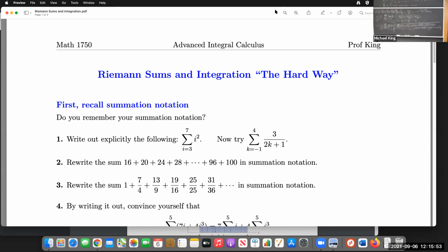Now, when I see something like this, it feels like you can rearrange the terms. There's all these terms that have 7 times, 7 times, 7 times, right? So that's the same thing as 7 times 1 plus 7 times 2 plus 7 times 3 plus 7 times 4, plus 4 times 1 cubed plus 4 times 2 cubed plus 4 times 3 cubed plus 4 times 4 cubed, right?